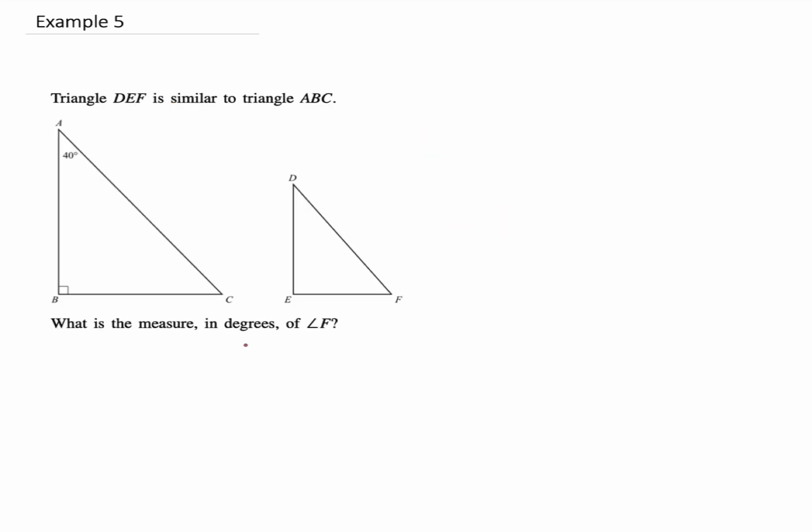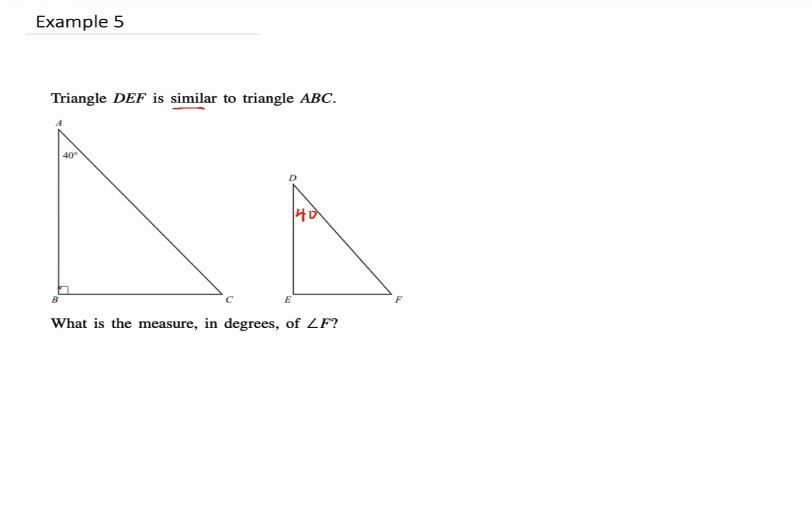Example 5: triangle DEF is similar to triangle ABC. Notice ABC is my big triangle and DEF is my small triangle. Angle A is 40, which means that angle D is also 40 degrees.